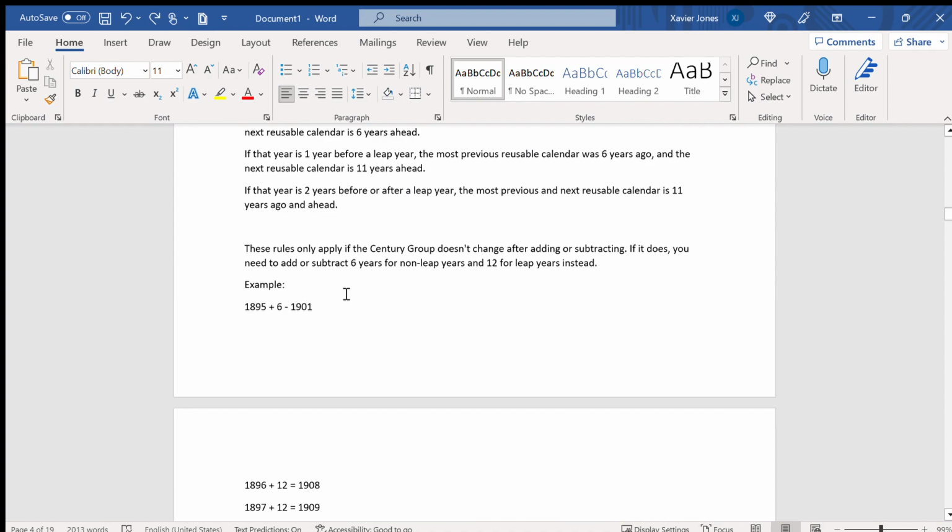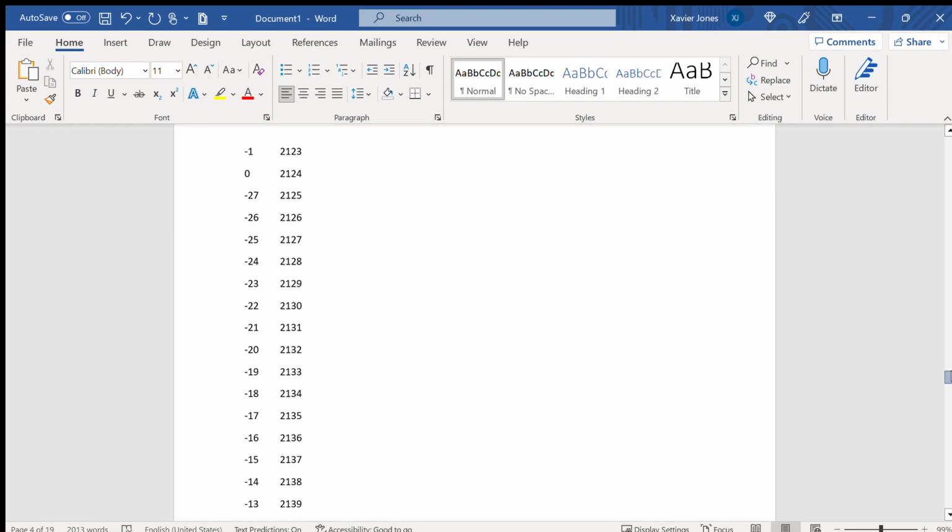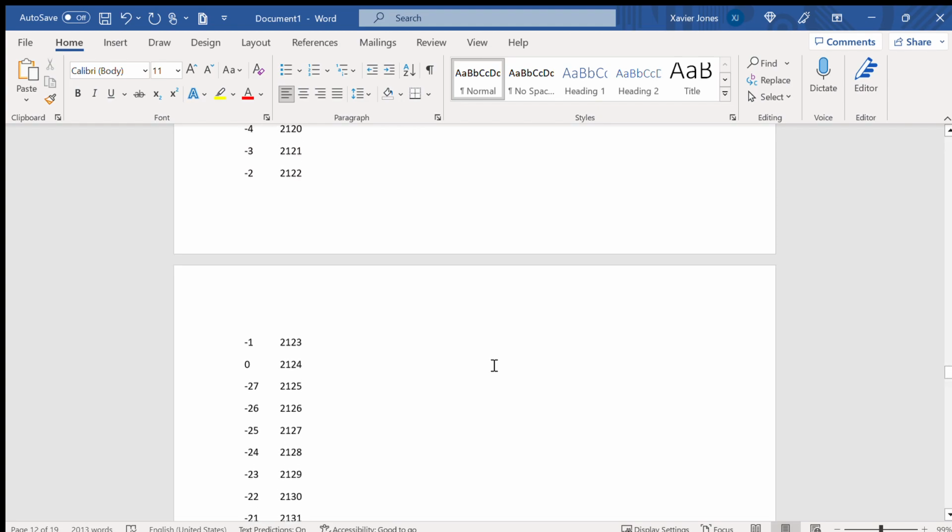Why did I do minus? It's equal to 1901. 1894 plus 6, like 1900. I'm starting to think, is it even really part of the century set? It might not be. Let's take a look at some of the other ones, right?